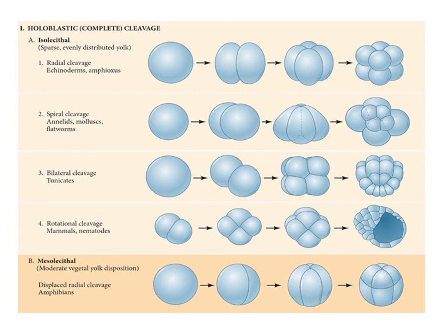Now we can move towards the mesolecithal egg. Mesolecithal eggs contain moderate amounts of yolk which is deposited in the vegetal region. The type of cleavage shown by mesolecithal eggs is known as displaced radial cleavage and it is present mainly in amphibians.